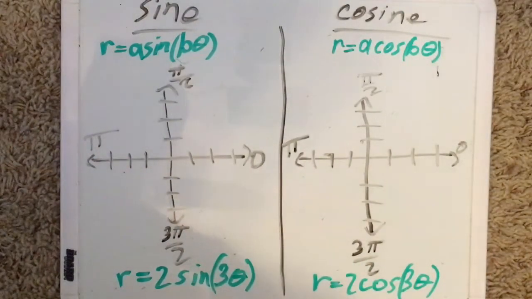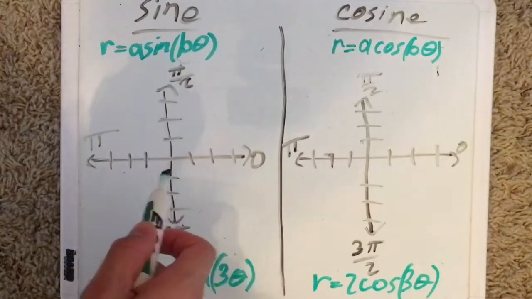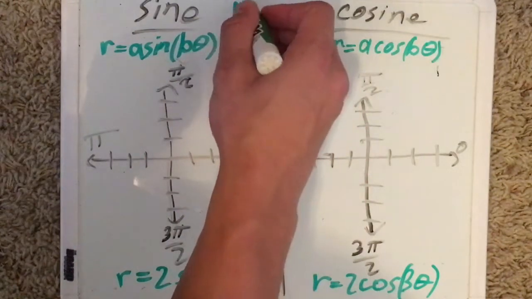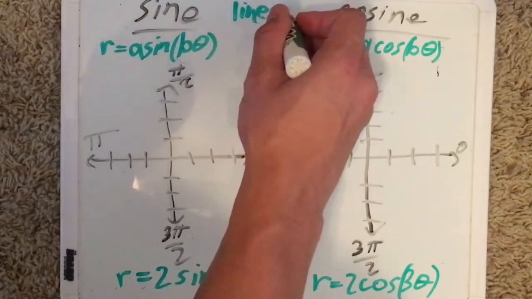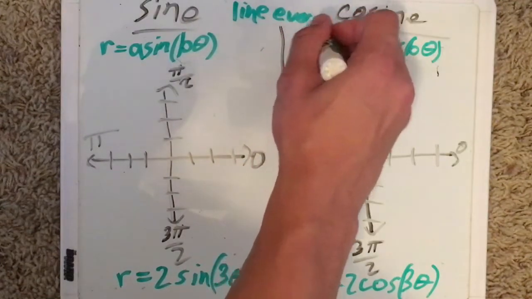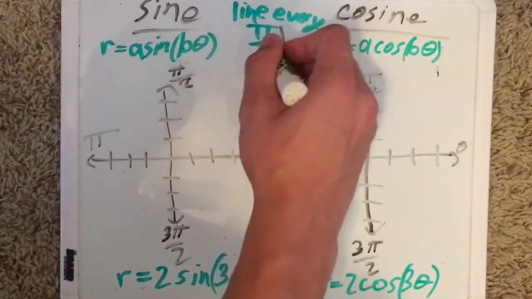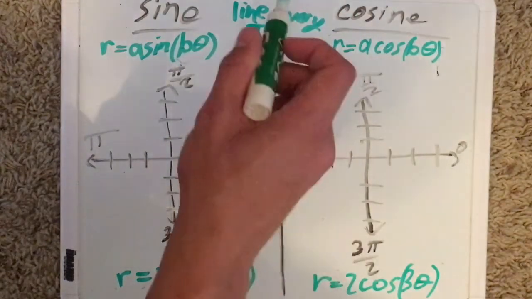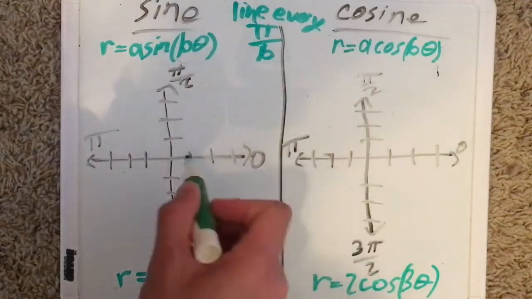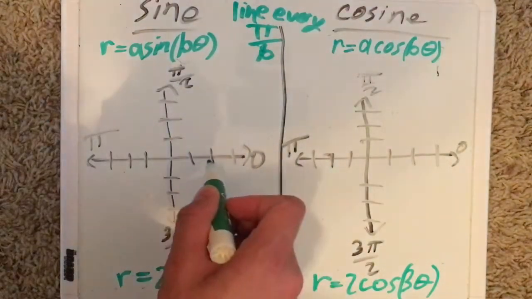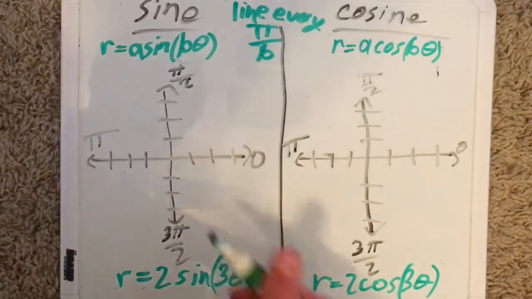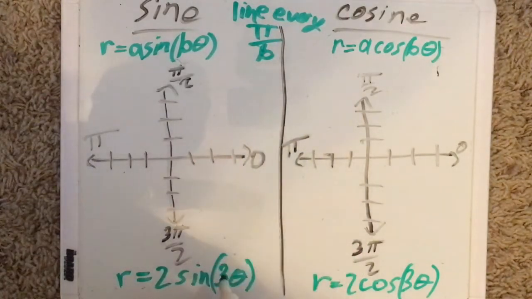For the first step, you're going to draw a line every pi over b, starting from 0 and going in the positive direction, or counterclockwise. So on the left, b is 3.